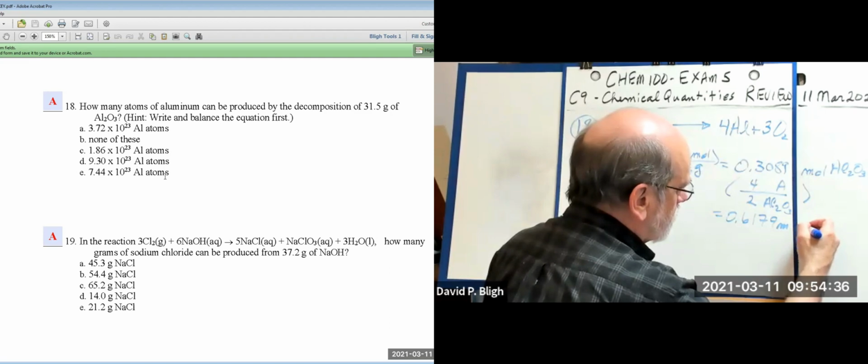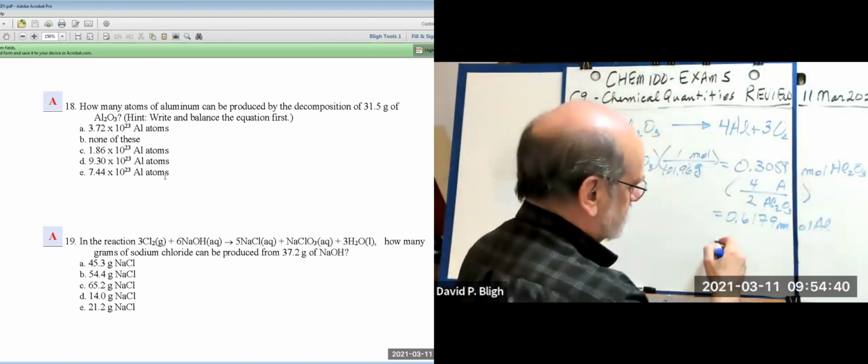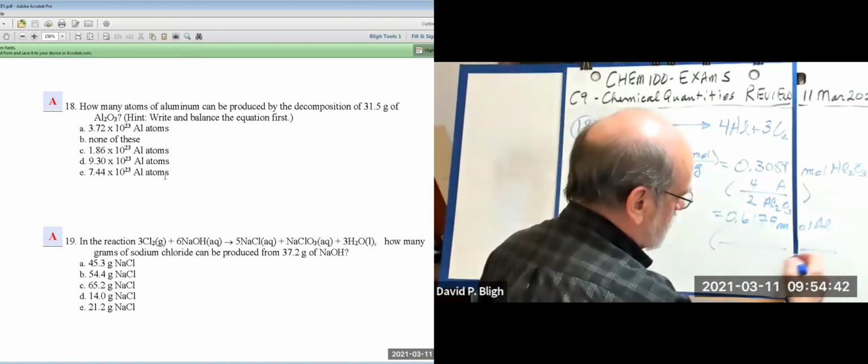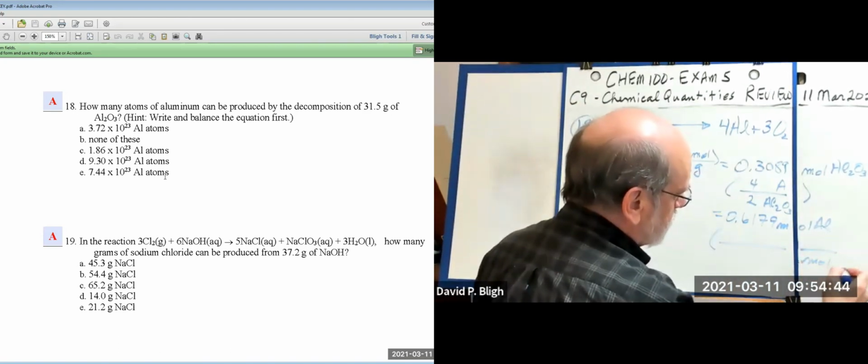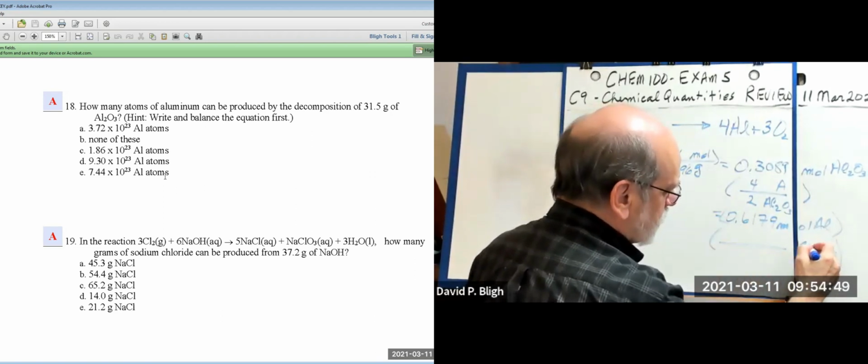Moles of aluminum. So how many atoms is that? Moles on the bottom, right? And atoms on the top.